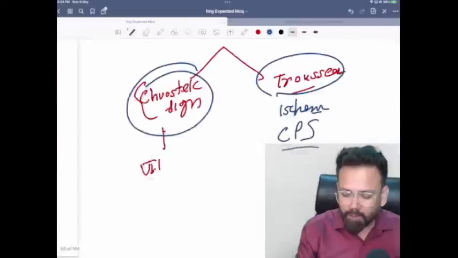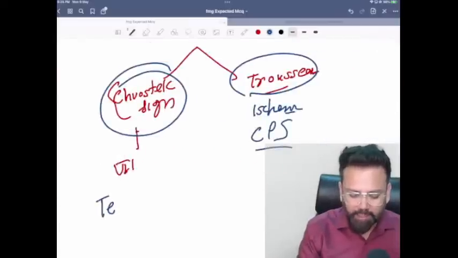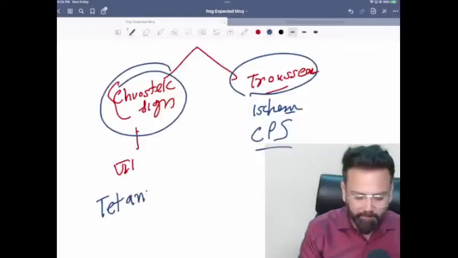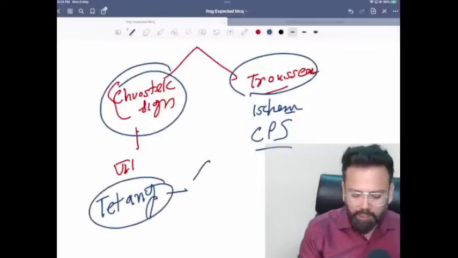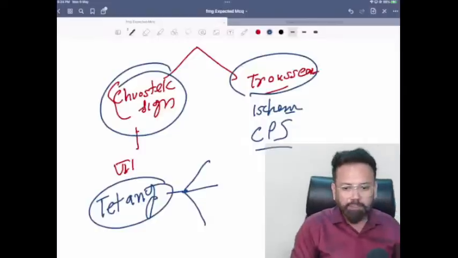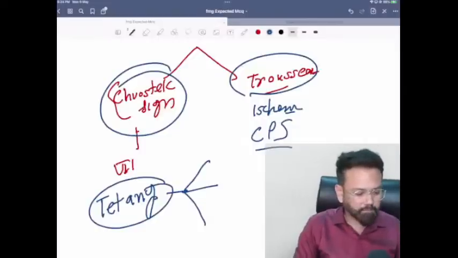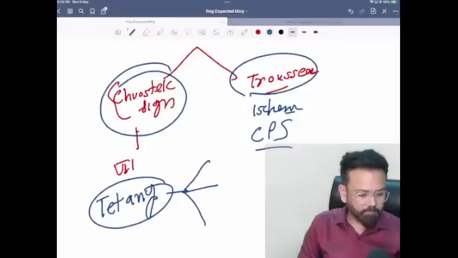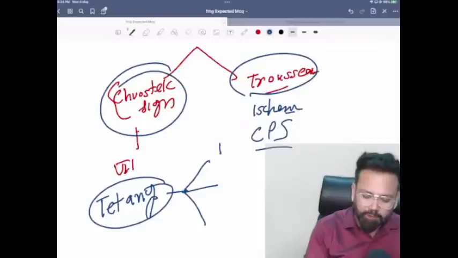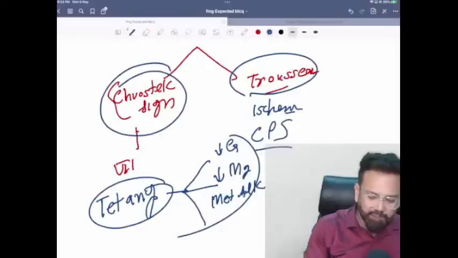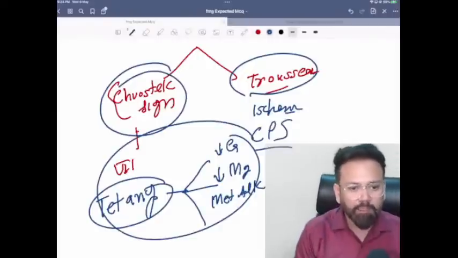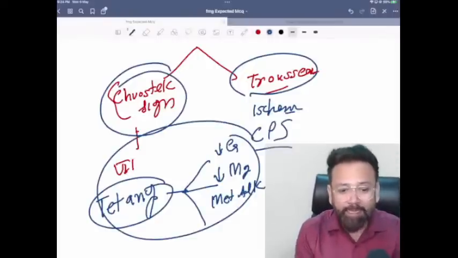So who will tell me what are the three conditions which can cause tetany? Number one, hypocalcemia. Number two, hypomagnesemia, and metabolic alkalosis. All has been asked in your examination. What are the three conditions that cause tetany?